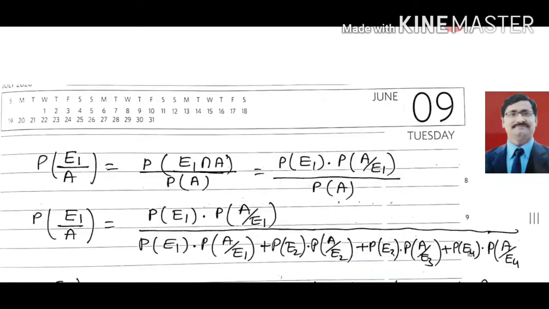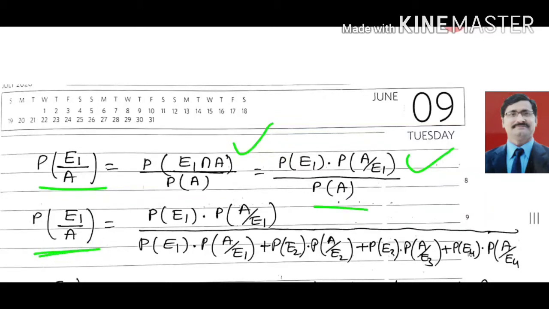Now we know P(E1/A). What is P(E1/A)? It means the probability of E1 when A is given to you. That will be equal to P(E1 intersection A) upon P(A), and P(E1 intersection A) means the event E1 happens first. So we can write P(E1) dot P(A/E1) upon P(A), and P(A) we already found above.